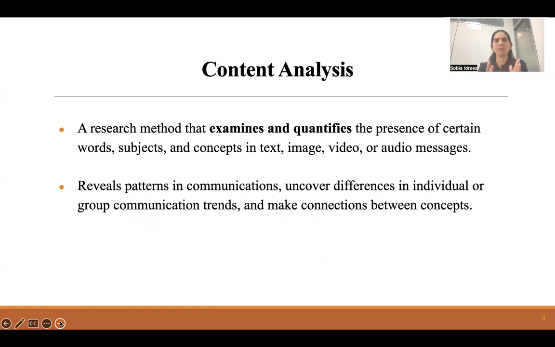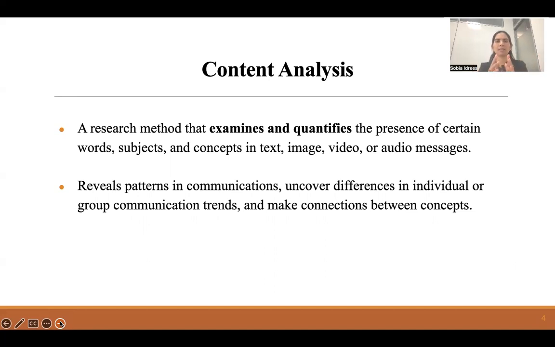The researcher can examine and quantify certain words or concepts in text, image, video, or audio messages. The second purpose is to look at the patterns or relationships in communication and uncover the differences.